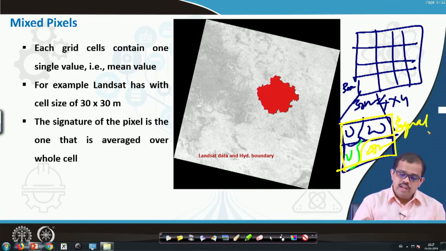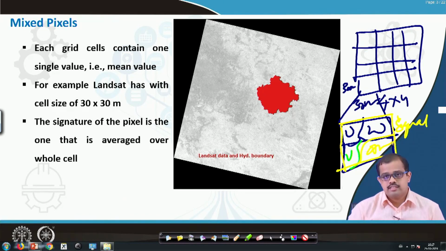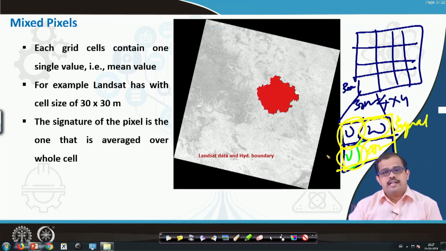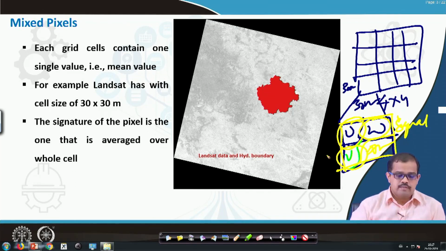If this happens, this is called a mixed pixel issue. There are a number of classes which are a true representation of the real world, but when you look at your data model you have mixed pixel data. This is one of the big issues that we face when we have data of a coarser resolution.